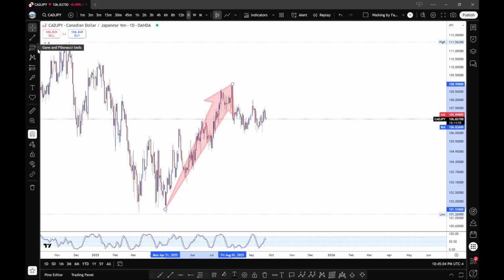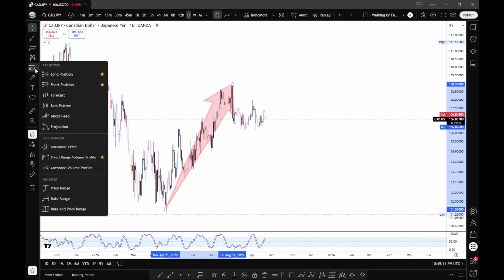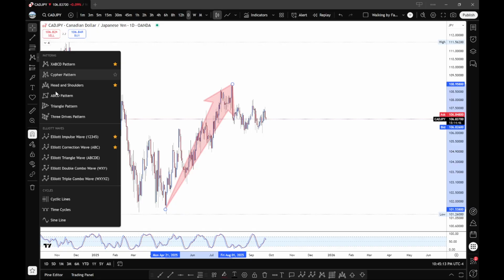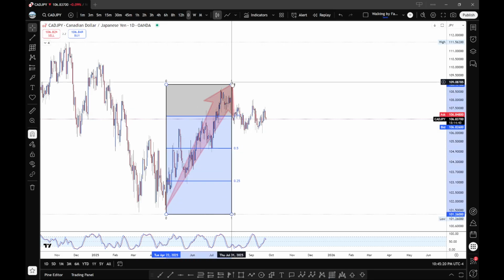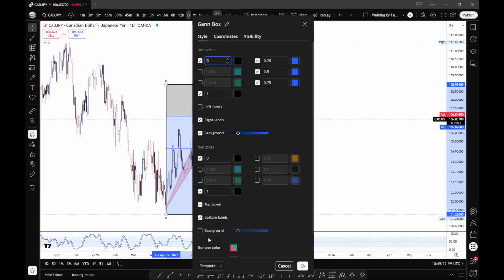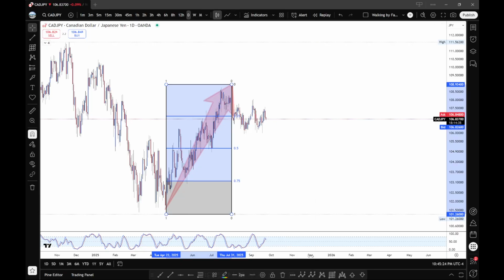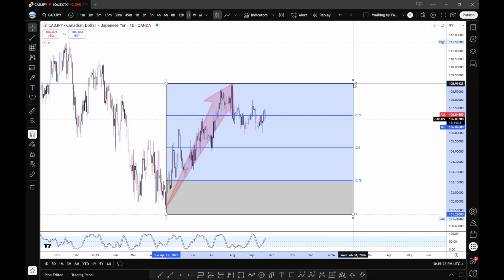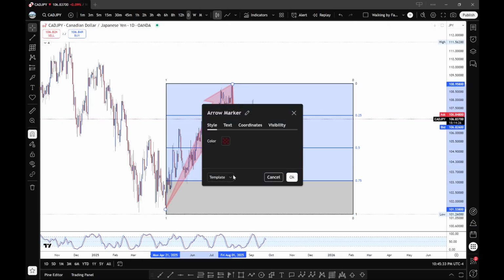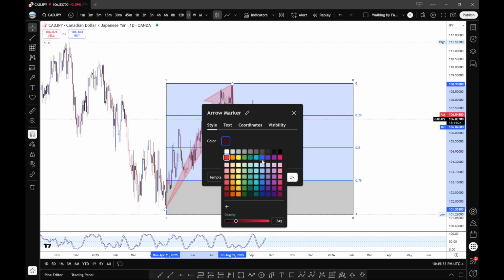So what I mean by 25 to 50% of that move is, if we use the Gann box, right, and do the swing low to the swing high, then we have right there the pullback. Let me change this to blue so we know that's an uptrend.